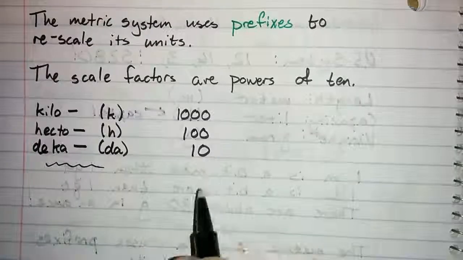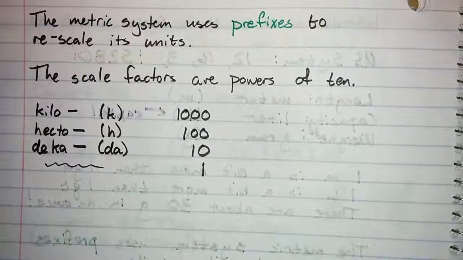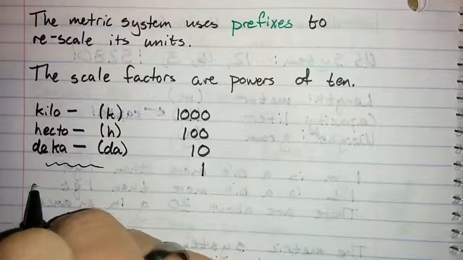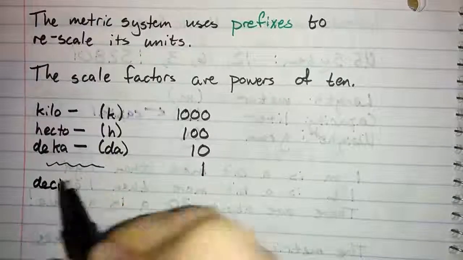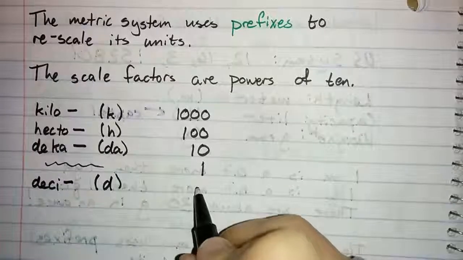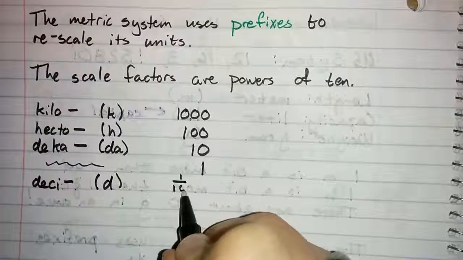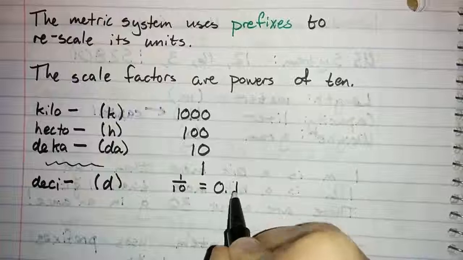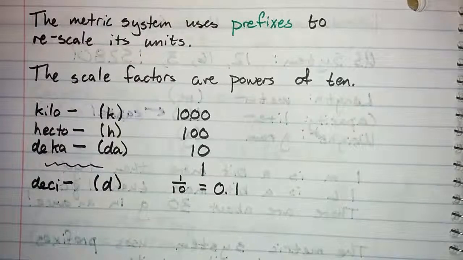No prefix at all is used to mean just one by itself. Then deci, abbreviated D, means 1/10, or we can write 0.1 as a decimal.